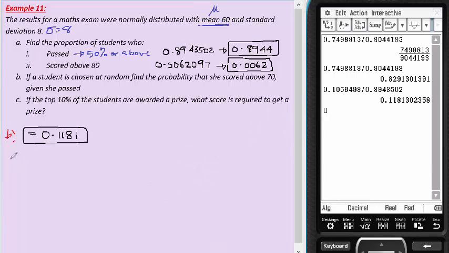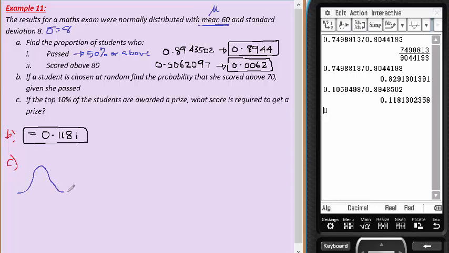So now let's go to part C. Part C is a little bit different because what I have to do is consider that my normal curve looks like this, and that we're looking for the top 10% of students. So here's my score, and underneath here, this is where an area is 0.1 or 10%.